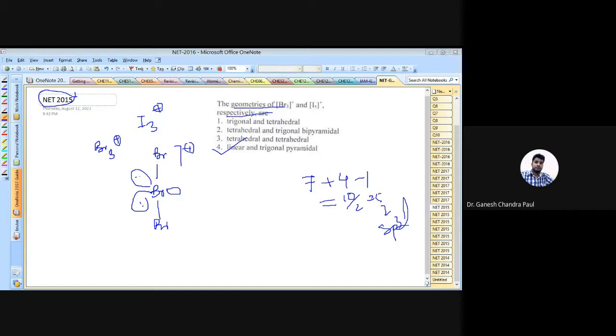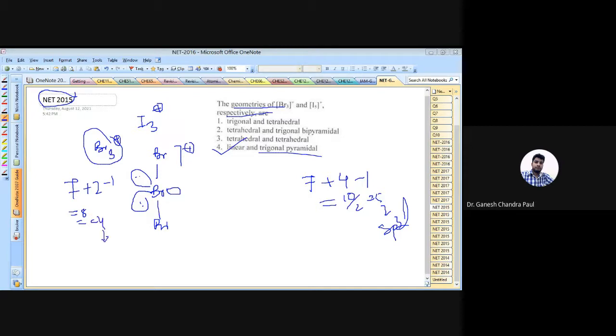Yes, trigonal bipyramidal is right, but what about Br3+? Let's say 7 is the central atom, and 2 electrons are coming from 2 bromine, and for positive charge it is minus 1. So 7 plus 2, 9, minus 1, so it is 8. Now as it is 8, divided by 2, it is 4.